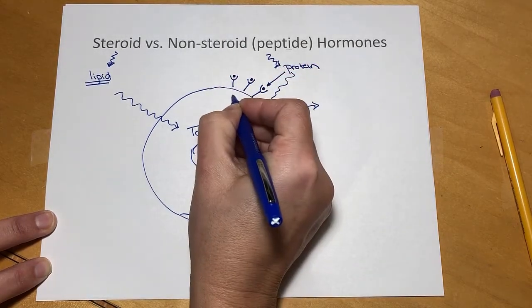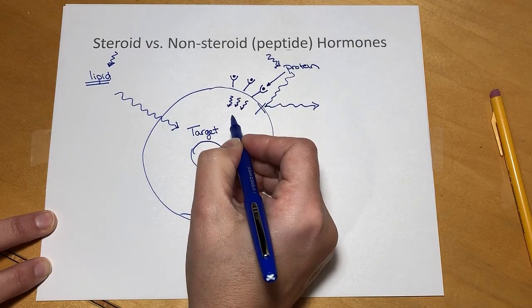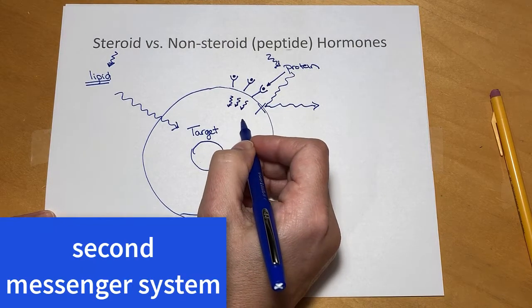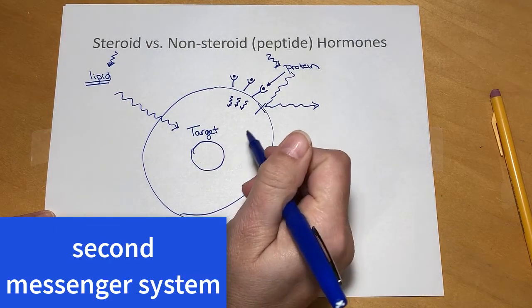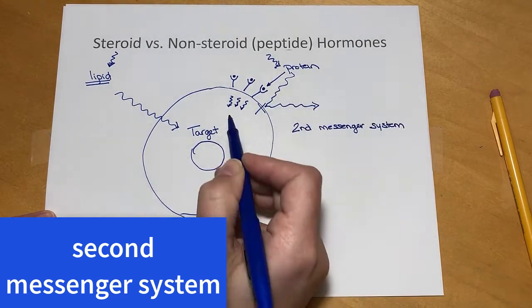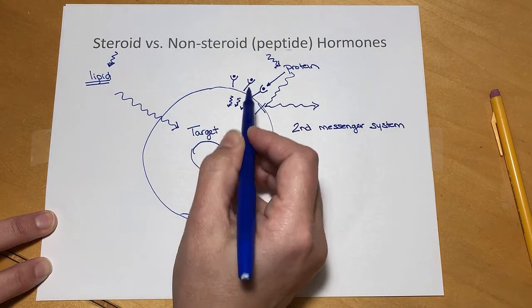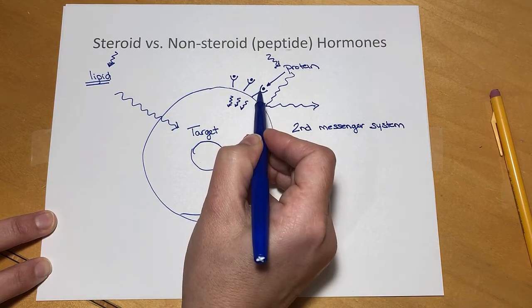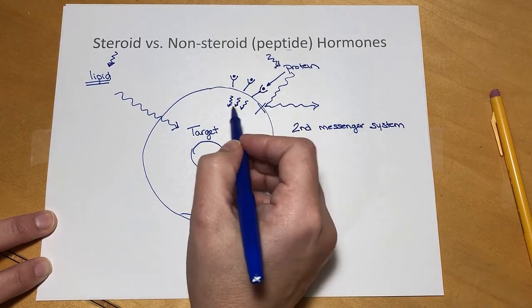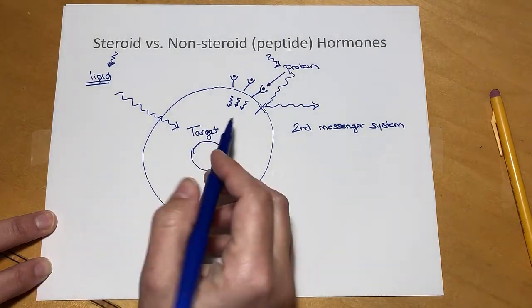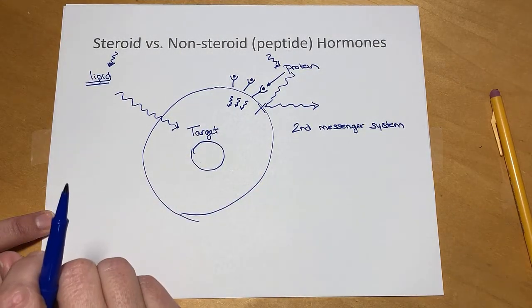This causes some changes inside the cell, and activation happens via what's called a second messenger system. This basically means that instead of the hormone itself binding to the target, the hormone has to bind to a receptor, and the receptor activates something inside the cell to activate transcription and translation.